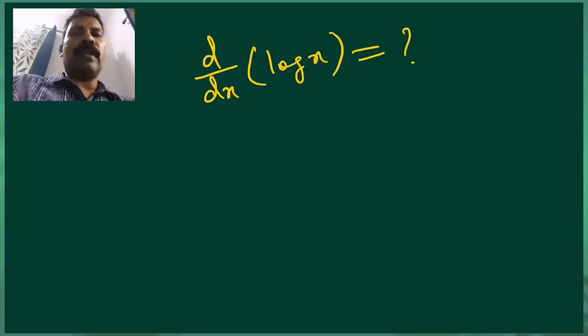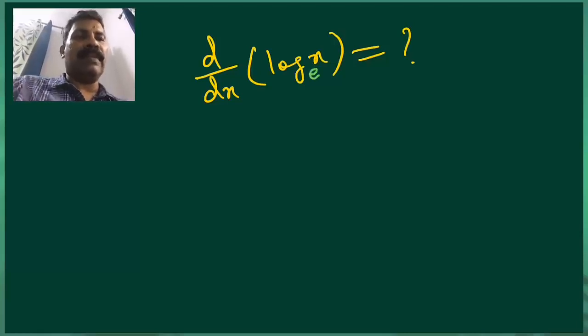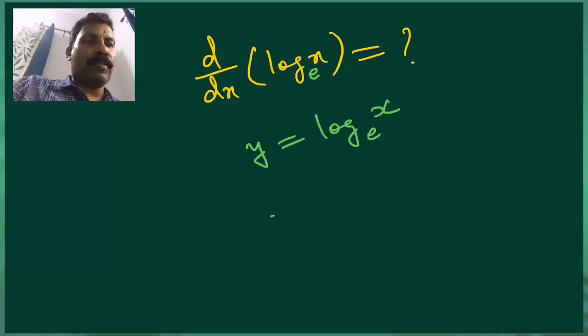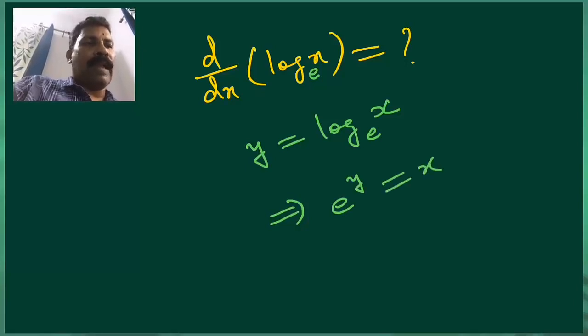You know that where the base is not written, it is understood that the base is e only. When the base is e, we are not writing it. So let y be equal to the logarithm of x to the base e, which implies e power y is equal to x.